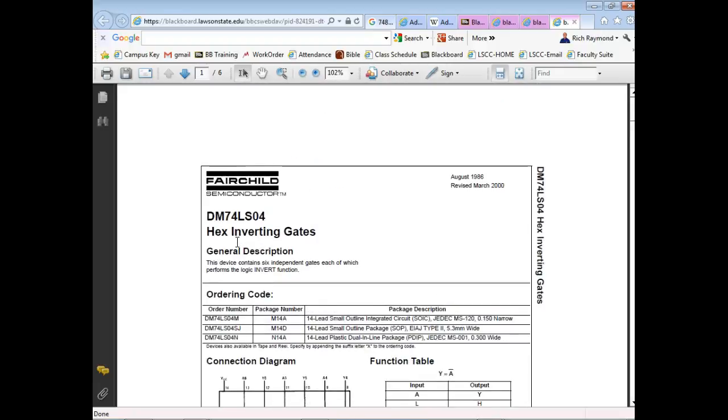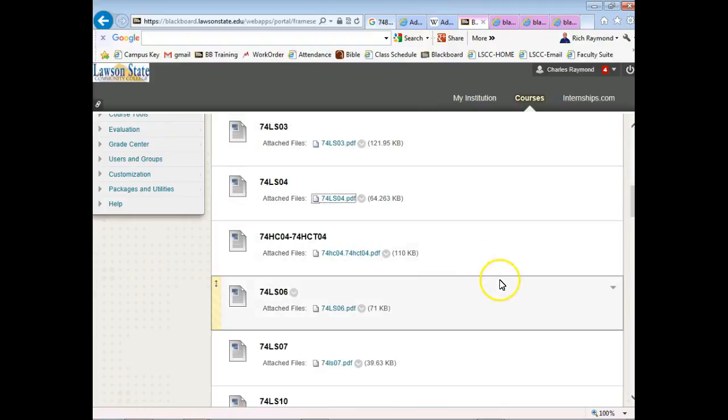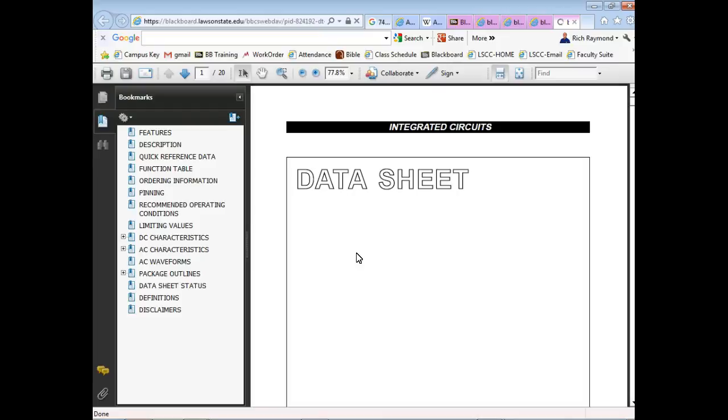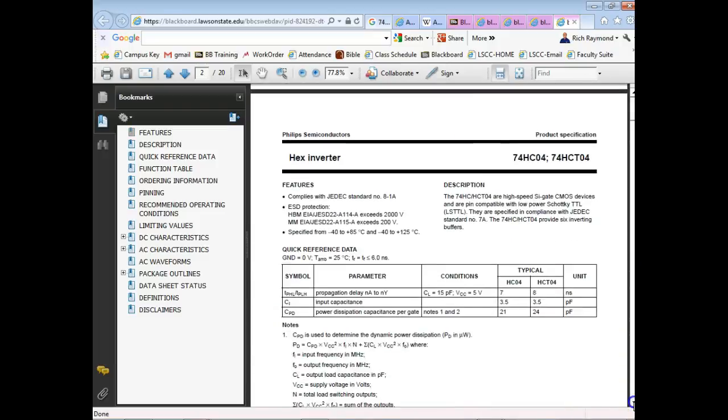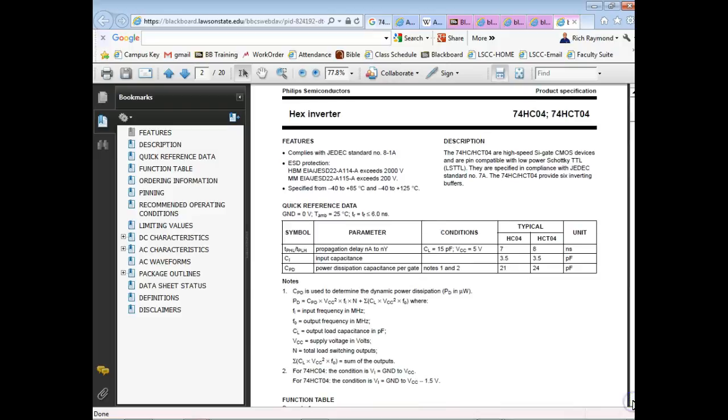So this is the one that we're dealing with right now, the 7404, and then we're dealing with the HC04 and the HCT04. And we'll talk a little bit about these.